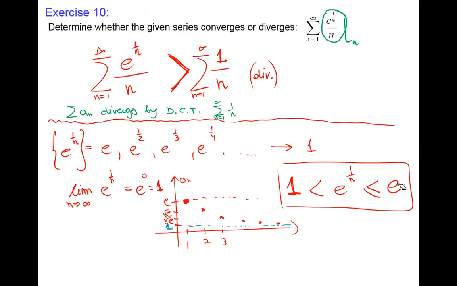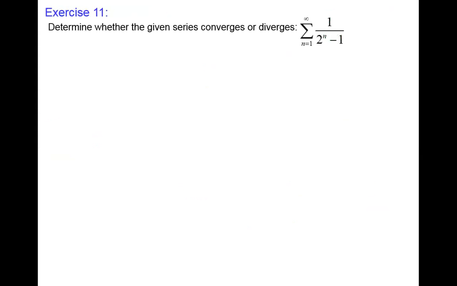Now exercise 11. And now we see something similar to what we started with. Infinite series from 1 to infinity, 1 over 2 to the n minus 1. That's what we have now, 2 to the n minus 1.